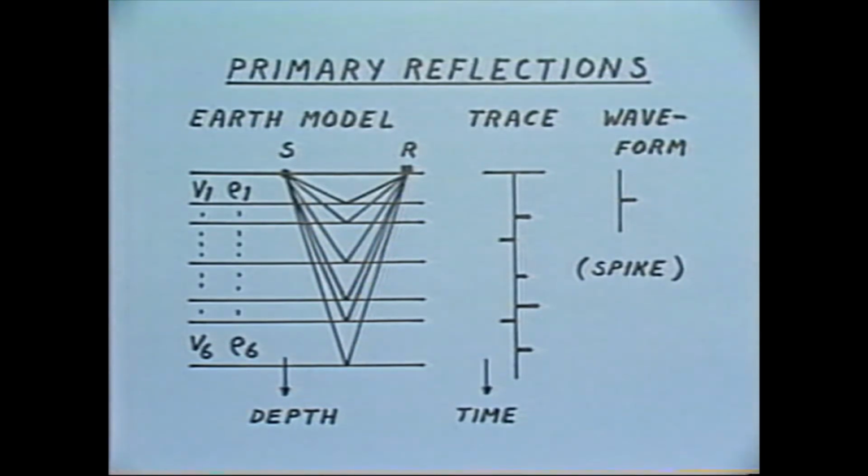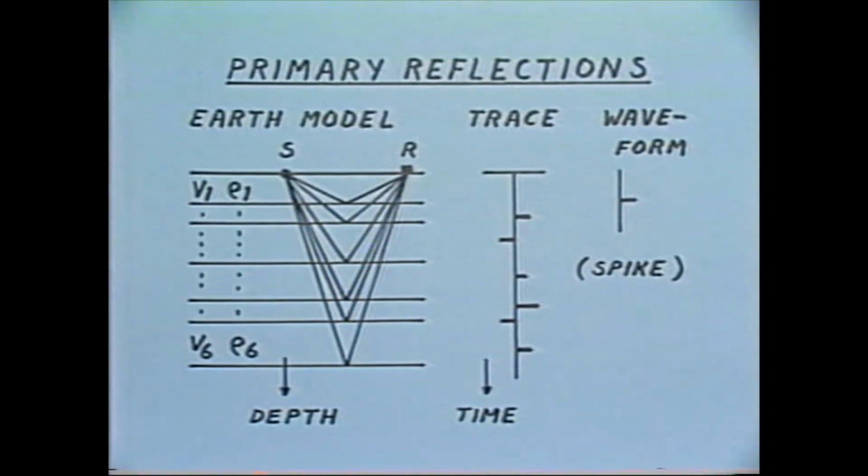Now, of course, the reflection coefficient depends on differences in velocity and density, so that if we know the size of the reflection coefficient, that tells us something about the differences in velocity and density between different rock layers in the Earth. And in fact, use of this is made in some of the more sophisticated seismic processes.